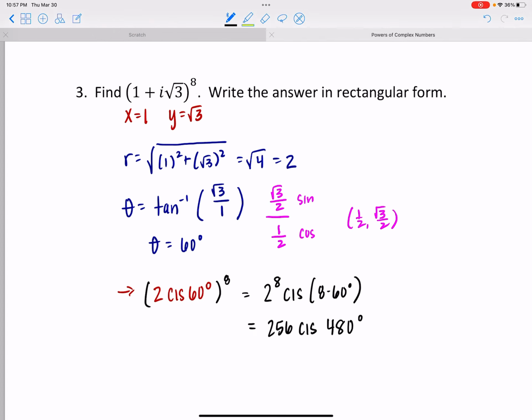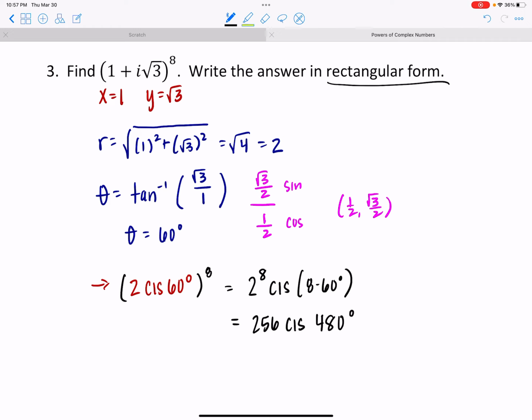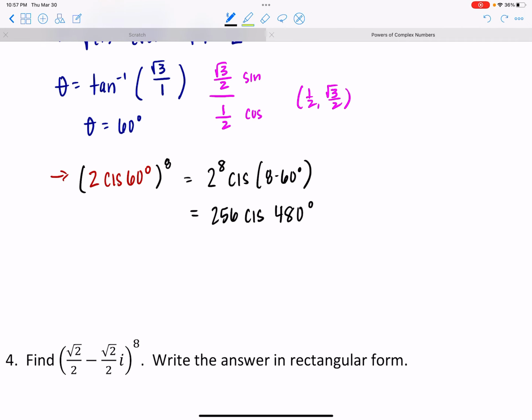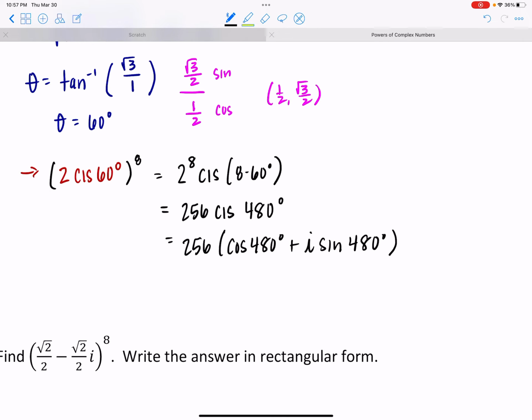Now that's the polar form. Since we want rectangular form, I'm going to expand this out. So if I expand this out, it's 256 times cosine of 480 plus i sine of 480, and then again evaluate this to get that rectangular form.